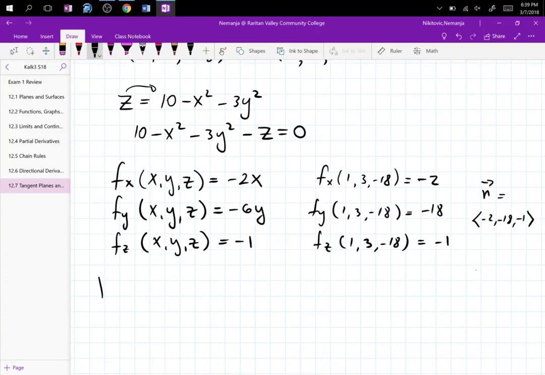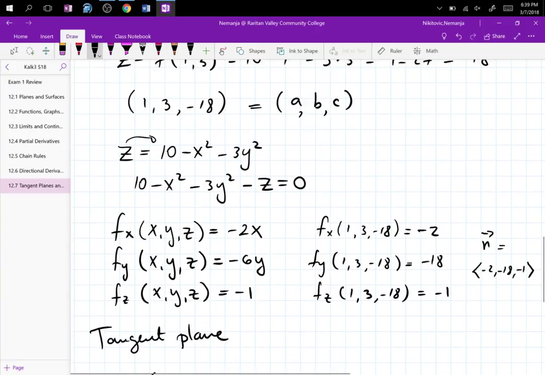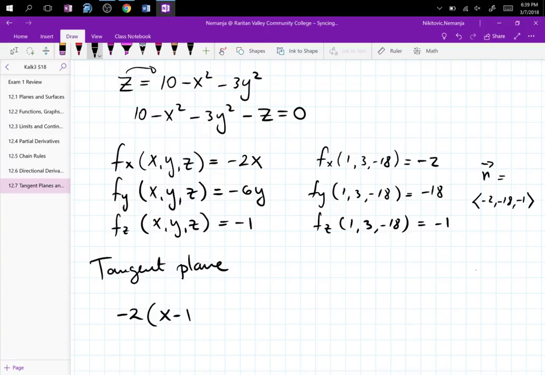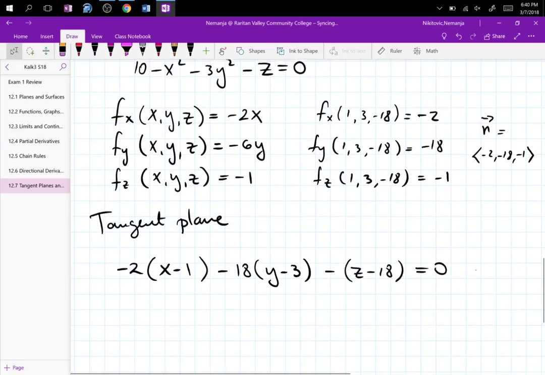The tangent plane is given by negative 2 times (x minus 1), minus 18 times (y minus 3), minus 1 times (z minus 18), equals 0. Now what we can do is multiply everywhere by negative 1 to make this nicer, so all of these become positive, and then you just need to distribute.